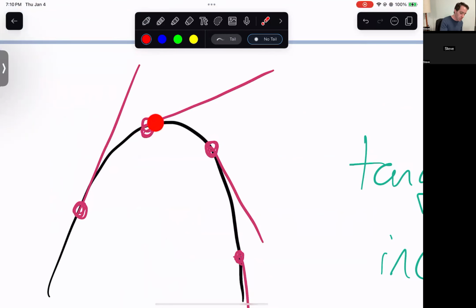Because if you zoom way in here, then check this out. Say that I go close to this point by walking just along this line a little bit. Well, I use the line to approximate the value of the curve. But the line is above the curve because the curve is concave down. So nearby, this will provide an overestimate.